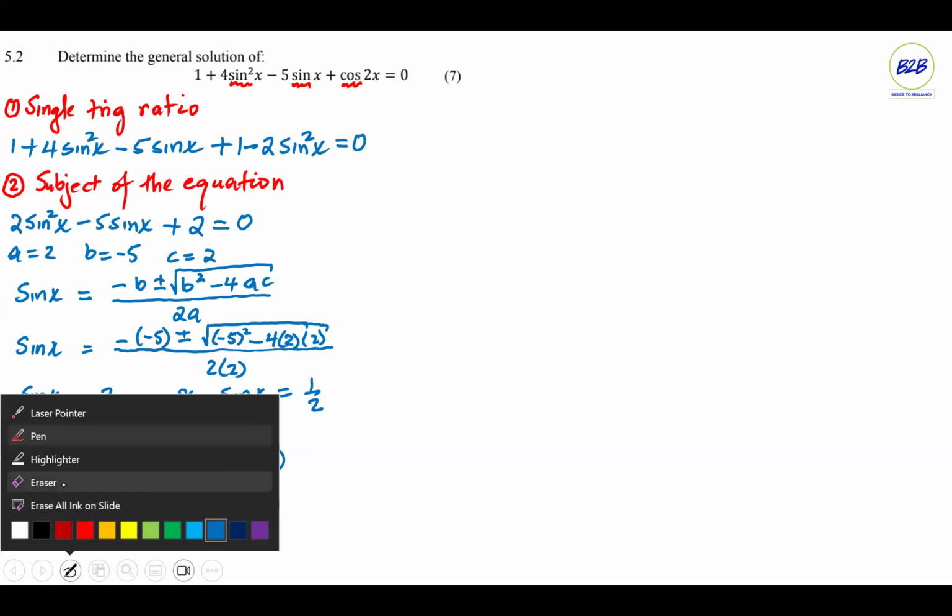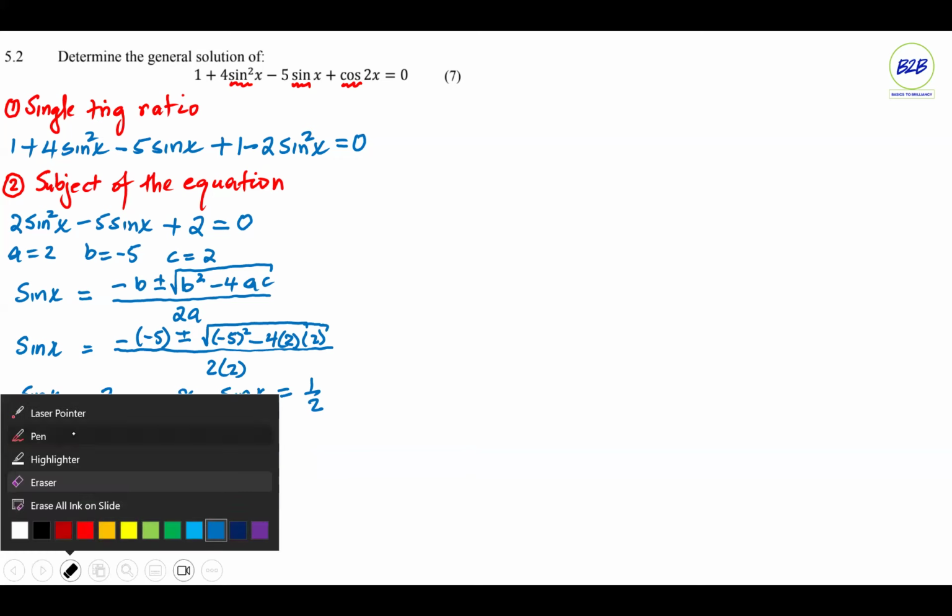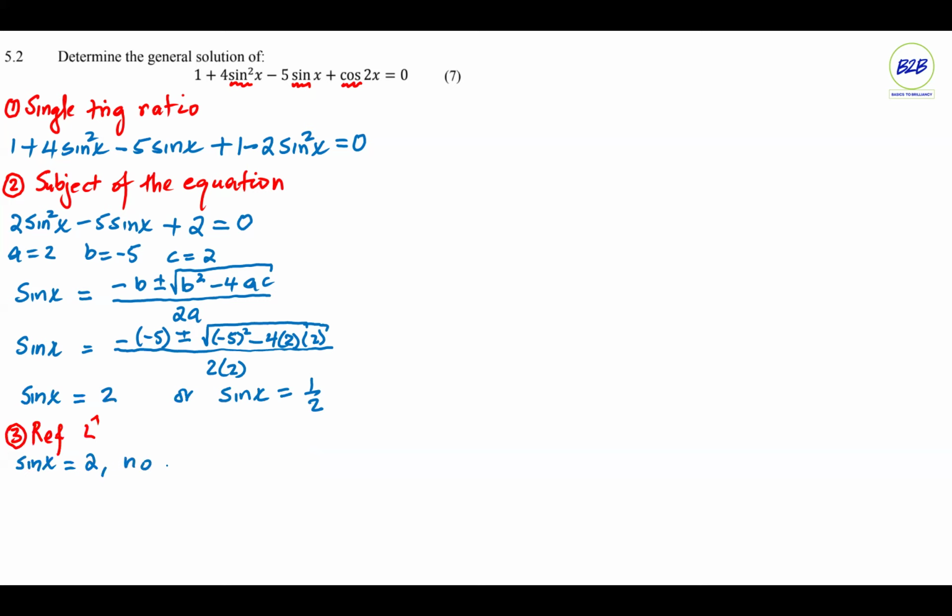So what does that mean? That means there is no solution for this particular problem. No solution for sine x equal to 2. There is no solution.